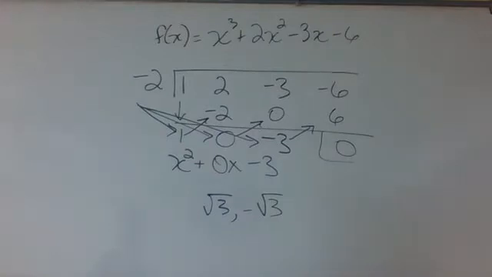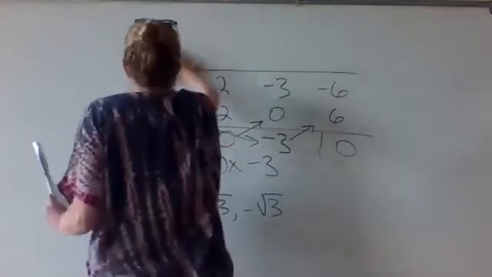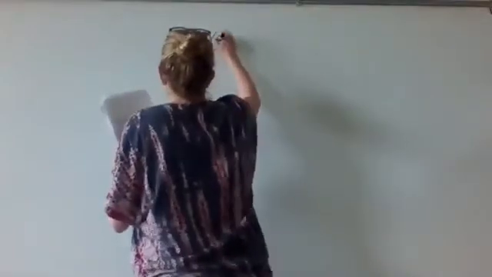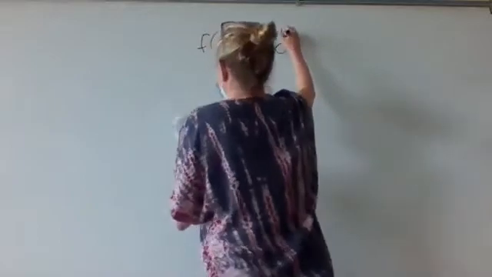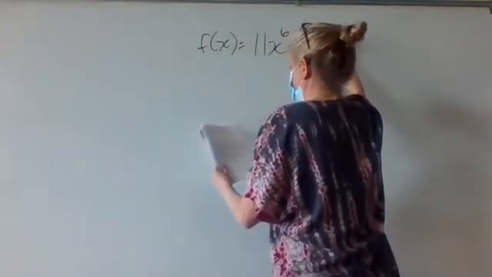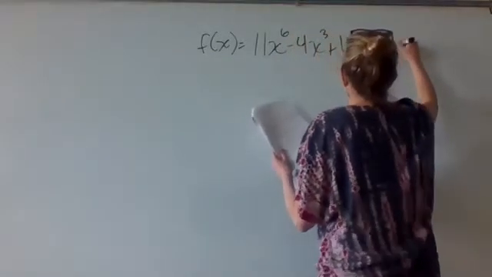All right, number 15. Gives me a function, f of x equals 11x to the 6th minus 4x to the 3rd plus 16x squared plus 10x plus 2.